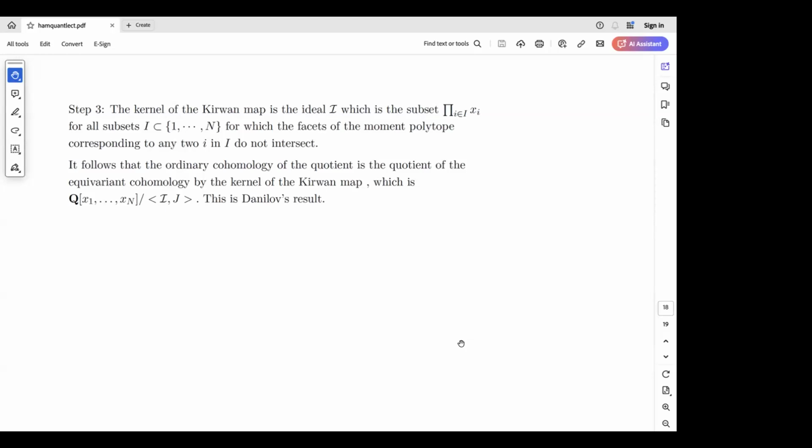If you dilate the moment polytope by some integer p, then the moment polytope scales in each direction by p, and you would get integer lattice points in your dilated polytope.